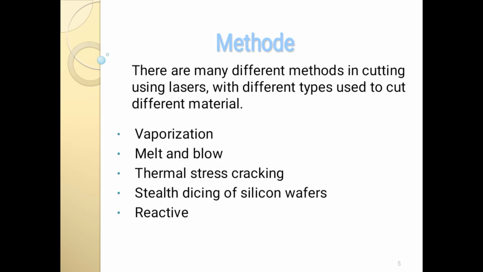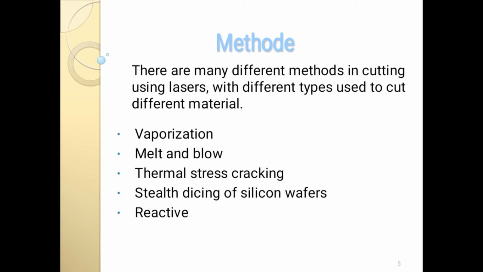Next slide. Methods of laser cutting. There are many different methods in cutting. Lasers of different types are used to cut different materials. First method of laser cutting, vaporization. In vaporization cutting, the focused beam heats the surface of the material to boiling point and generates a keyhole.